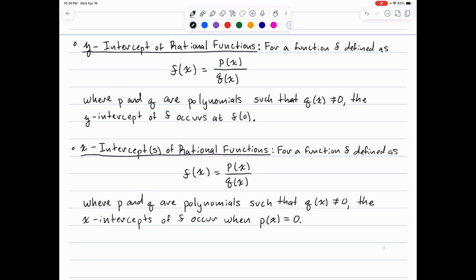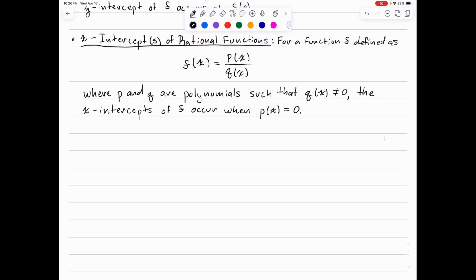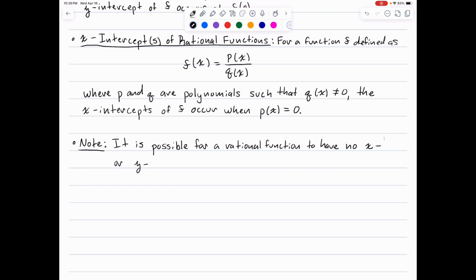I'm going to have a quick note here. It is possible for a rational function to have no x or y-intercepts.